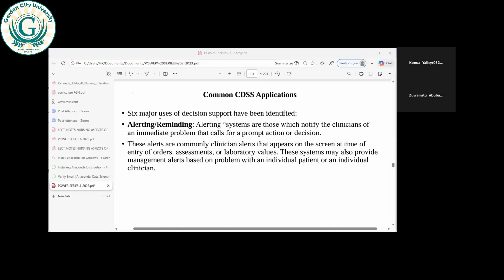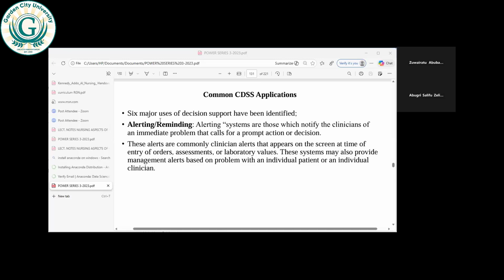In our system, when you log into a patient's folder, you have a place where health alerts are indicated. So when the patient has a problem, like if the patient is asthmatic or is on some medication that needs two-hourly or one-hourly administration, you put it there at the alert system, then you save.